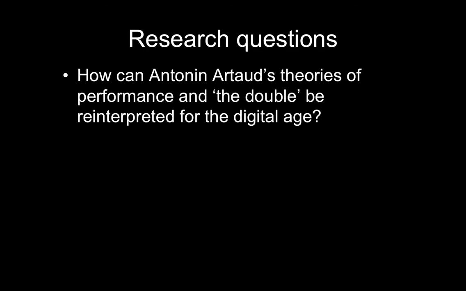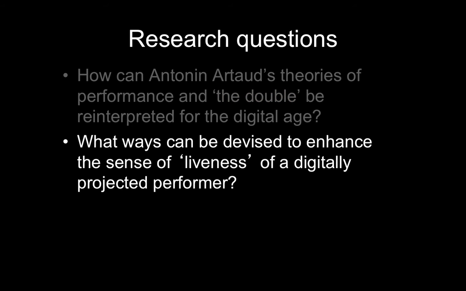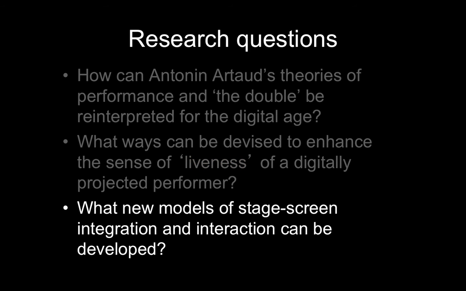How can I practically reinterpret and update Antonin Artaud's theatrical theories about the human double? These were published in the 1930s. In theatre contexts, how can we confer more presence and sense of liveness to pre-recorded characters projected on a screen? And what new methods can we develop for more effective interaction and integration between stage and screen characters?